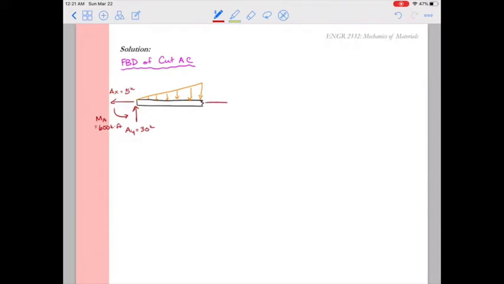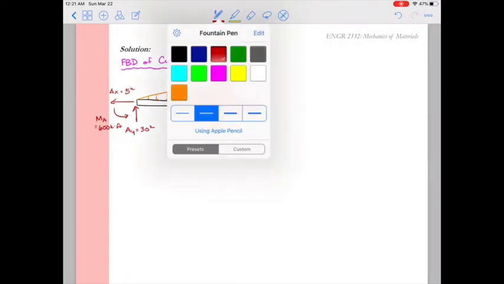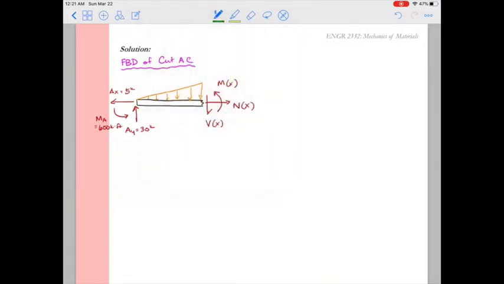I also have my forces on the right-hand side, and that's a right-hand cut going back to my sign convention. So my axial force acts to the right, my shear force acts downwards, and my moment is counterclockwise. And because I'm at an arbitrary point X, I have all of those internal forces as functions.